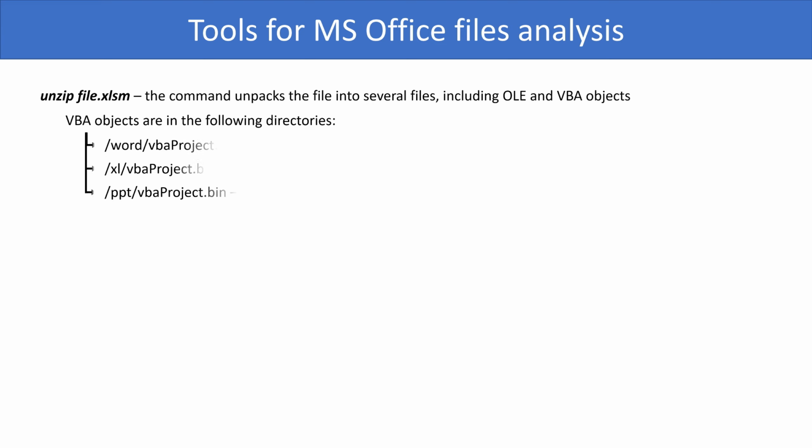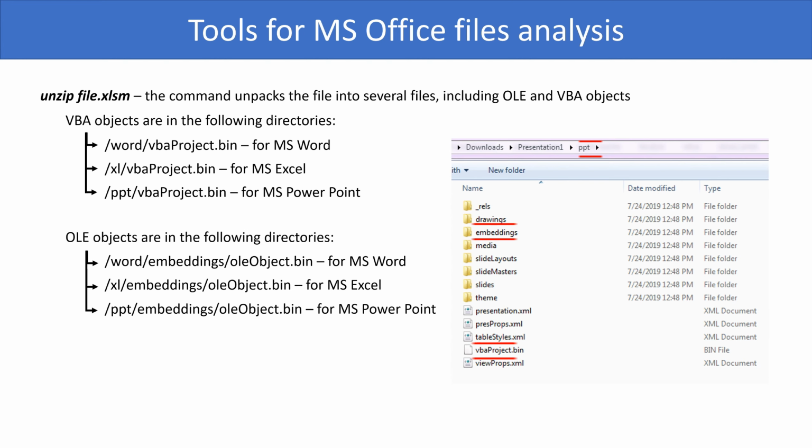VBA and OLE objects are in specific folders that you should be aware of. Immediately after unpacking, you can use the Notepad program to view the contents of VBA and OLE files. Most of the data will be in binary format, displaying as a seemingly random set of characters. However, you may spot ASCII and Unicode words and phrases. To obtain a fully readable code, we can use the following program.